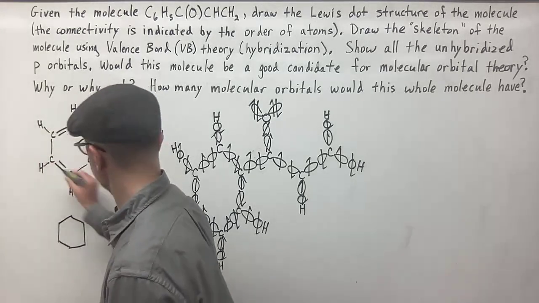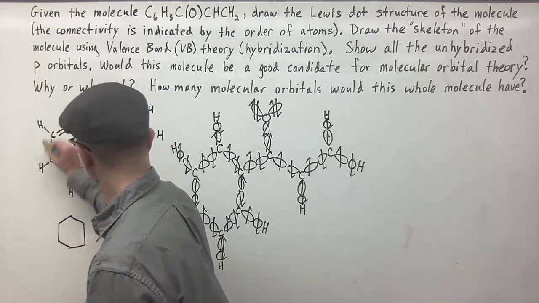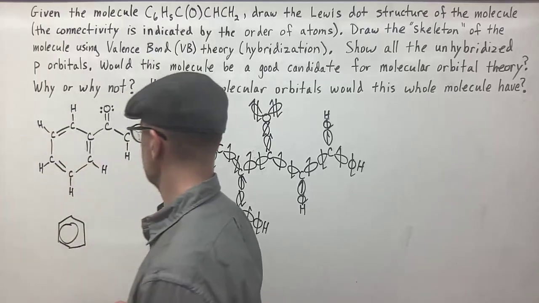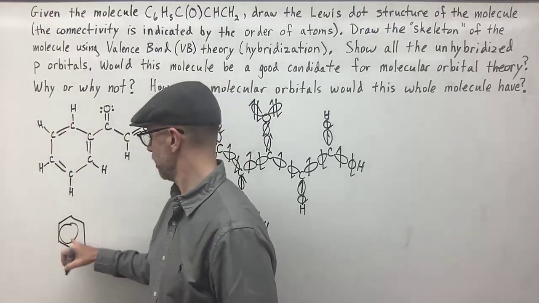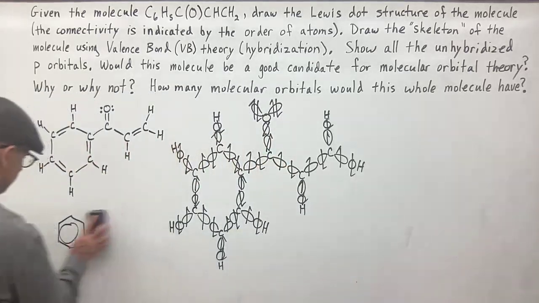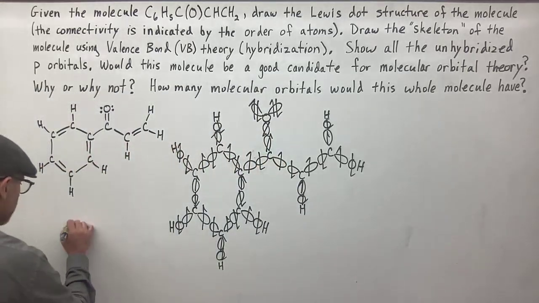Okay, so there's the 6 carbon ring. I'll put a circle there because the benzene ring is usually written that way. Oh gosh, that looks ugly. Let me do this again.